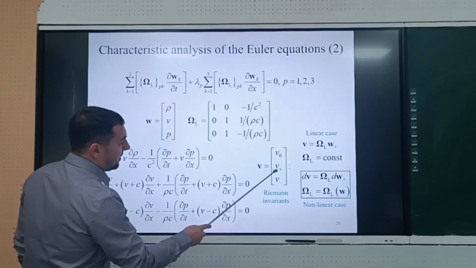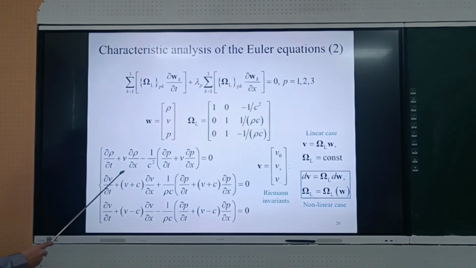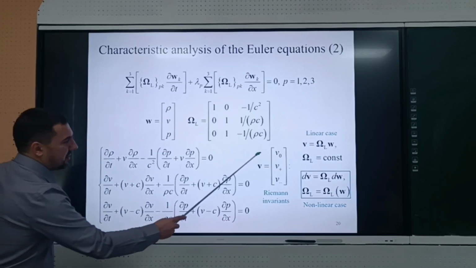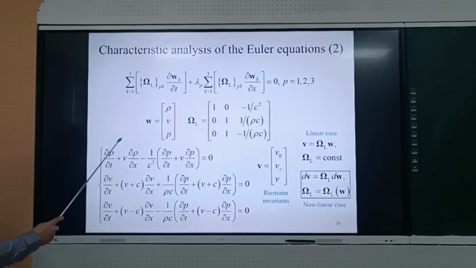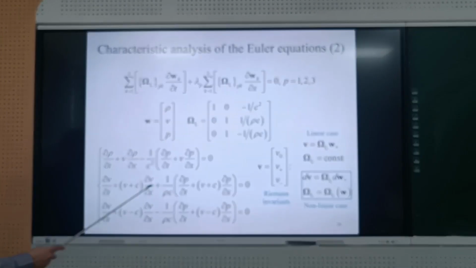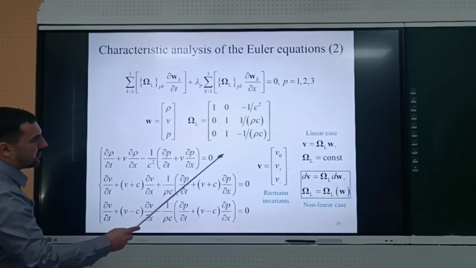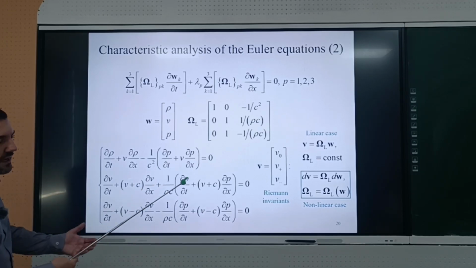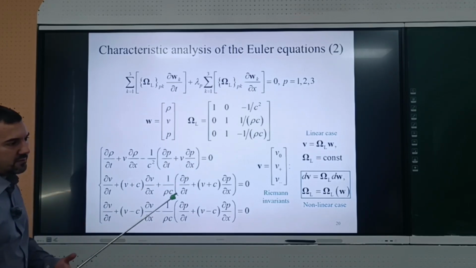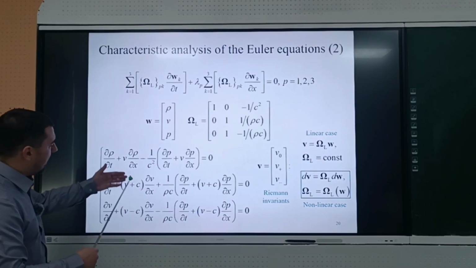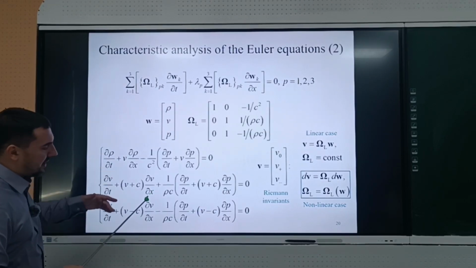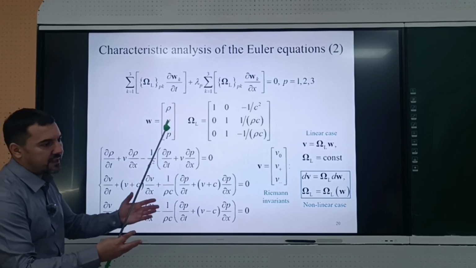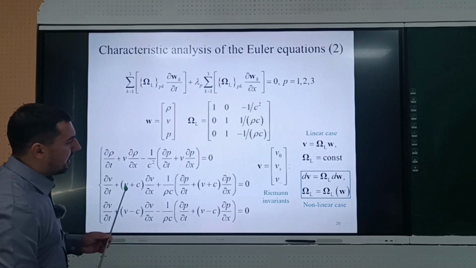The 0, plus and minus correspond to the 0, plus and minus eigenvalues of our system. That is why, although sometimes in literature you can meet 1, 2, 3, it's useful to keep these indices to illustrate the correspondence between Riemann invariants and eigenvalues, which are associated with different types of waves.